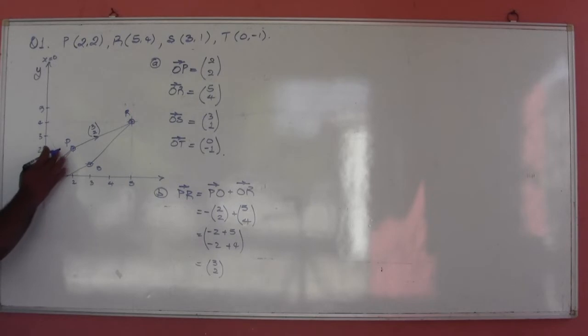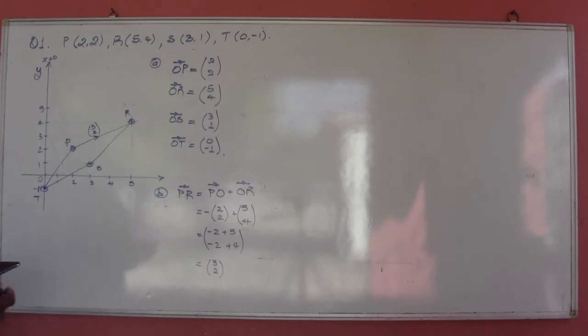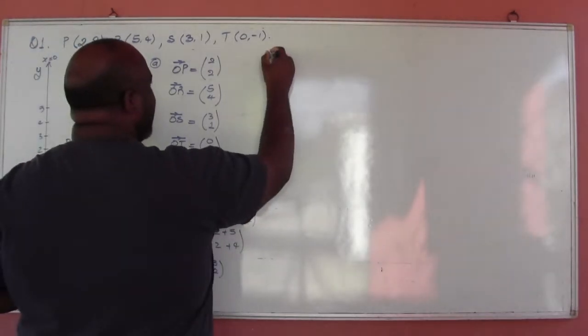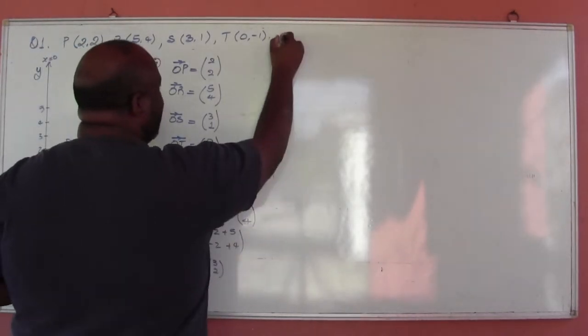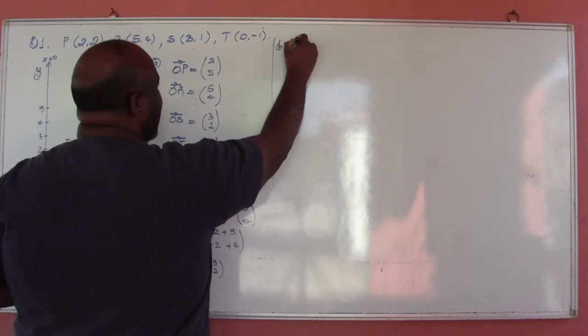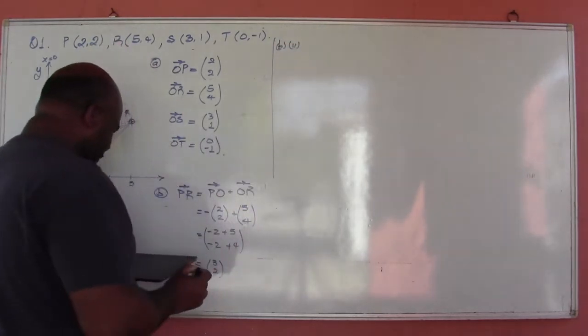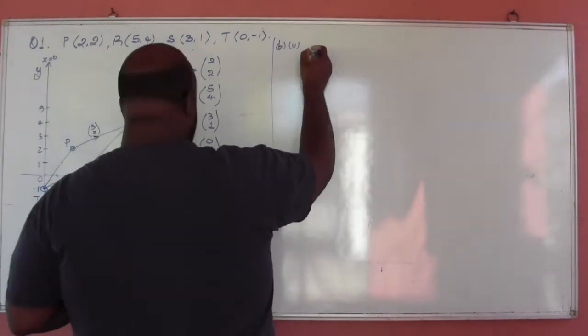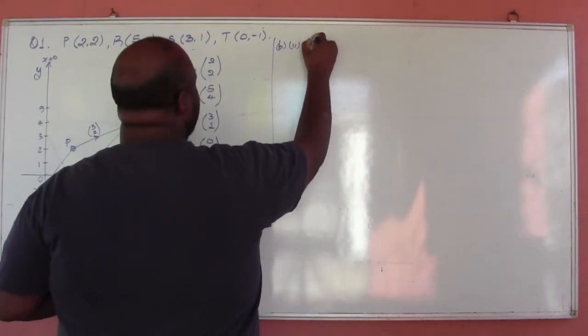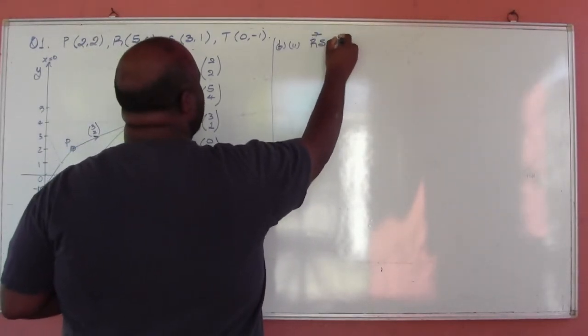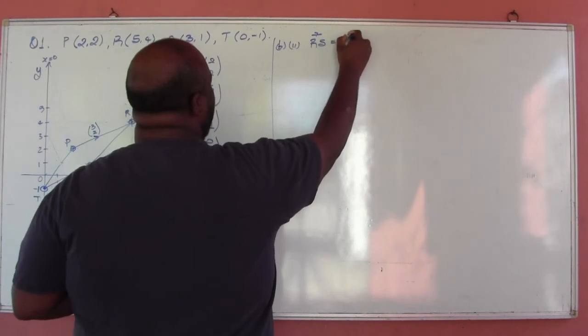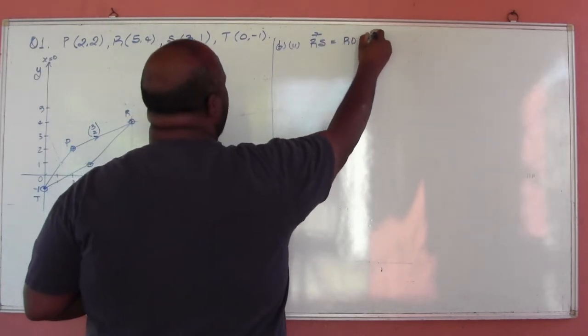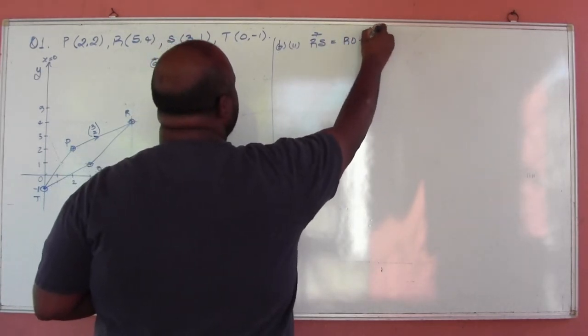Now the next thing we need to find is RS, a similar thing using the triangle law of vectors. So this is B II. The vector RS is equal to the vector RO plus the vector OS.